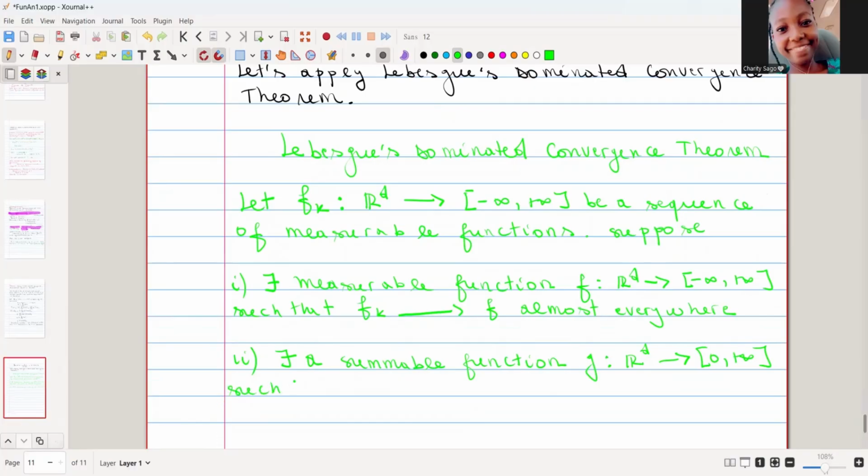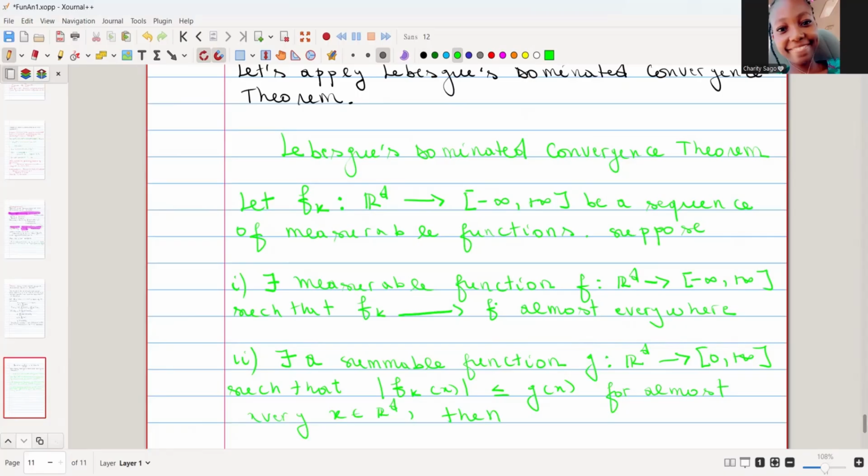Such that the absolute value of the sequence fk is less than g(x) for almost every x in Rd.